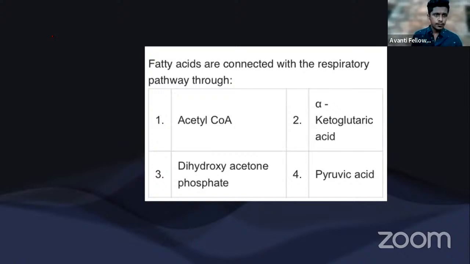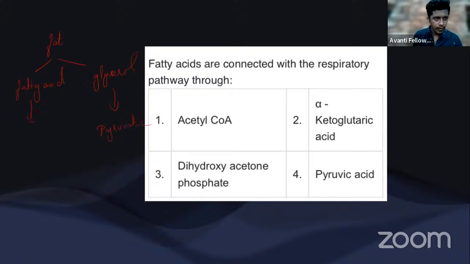First we have fat. We know that fats give rise to fatty acid chains and glycerol. Now what happens to this glycerol? Glycerol goes through glycerol 3-phosphate, 2-phosphoglycerate, 3-phosphoglycerate, and all those steps, and finally it gives rise to pyruvate.